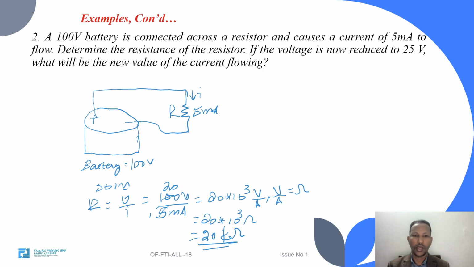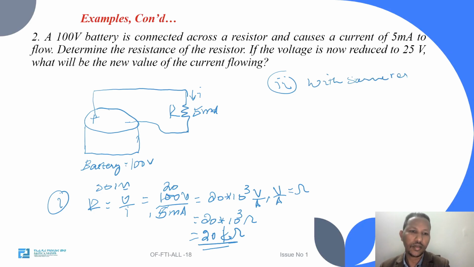Now if the voltage is reduced to 25 volt, with the same resistance value of the resistor, the 100 volt source is reduced to 25 volt.